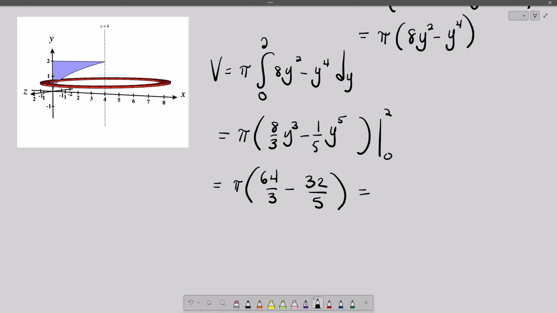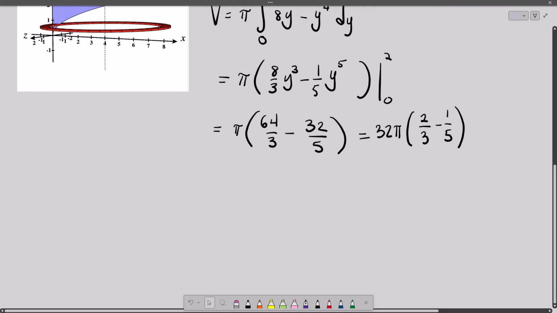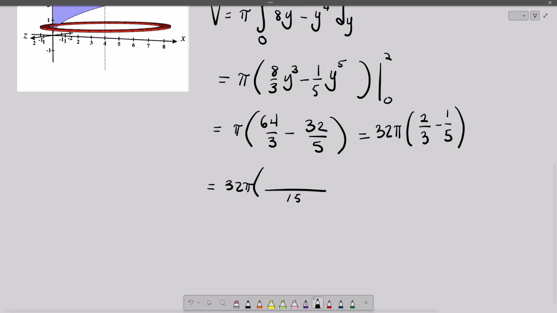I'll factor out a 32 just because it might make the math a little simpler in here. So if we factor out the 32, we're going to get 2/3 minus 1/5. Those will be a little easier to combine without that 32. So we'll have 32 pi, common denominator of 15. We're going to have 10 minus 3 in the top.